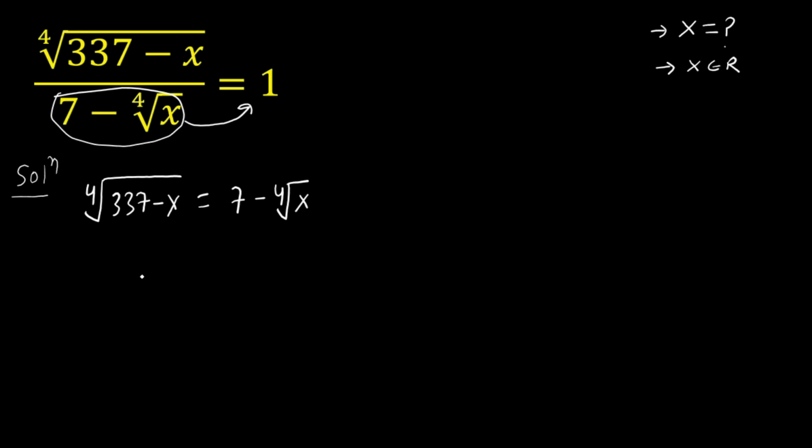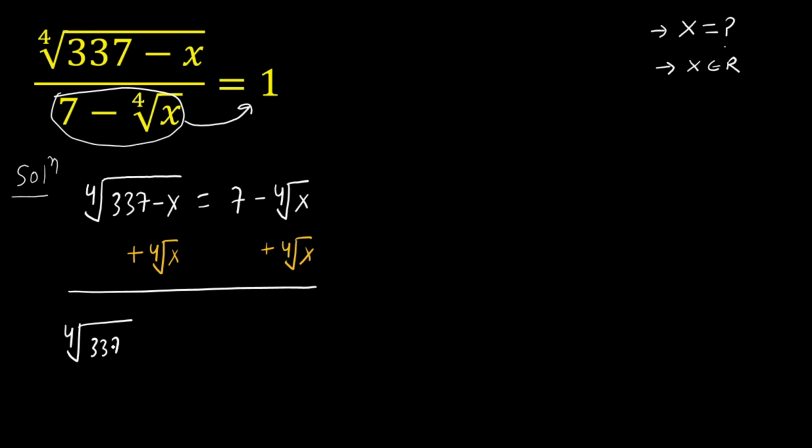Now if we add fourth root of x to both sides, then on the left hand side we get fourth root of 337 minus x plus fourth root of x, and this equals 7, since minus fourth root of x and plus fourth root of x cancel out on the right.